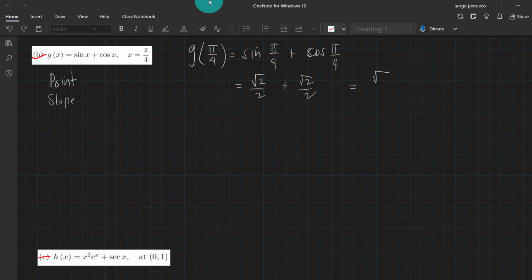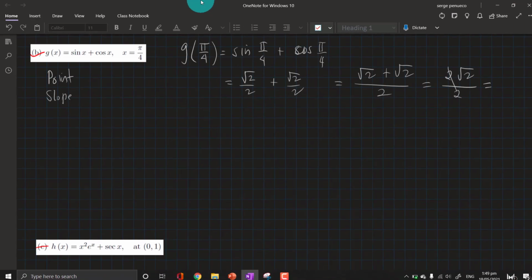That will be square root of 2 plus square root of 2 over 2. Then we simplify further. This will become 2 square root of 2 over 2. Cancel out. Our g of pi over 4 is equal to square root of 2. Then our point is pi over 4, square root of 2.